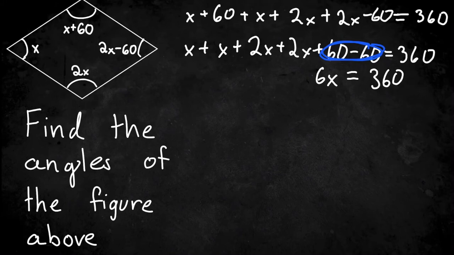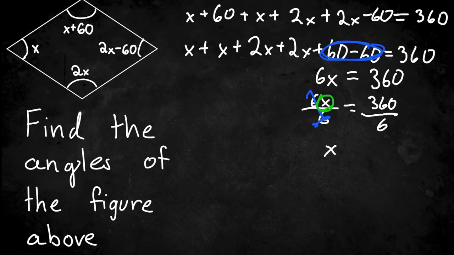So since we multiplied x by 6, we divide both sides by 6. 6x over 6 equals 360 over 6. 360 divided by 6 equals 60. And this is 1, and we have isolated the x. So we have x equals 60.